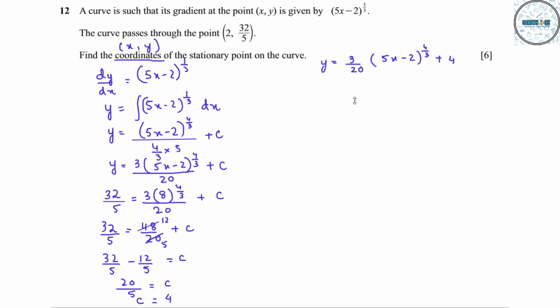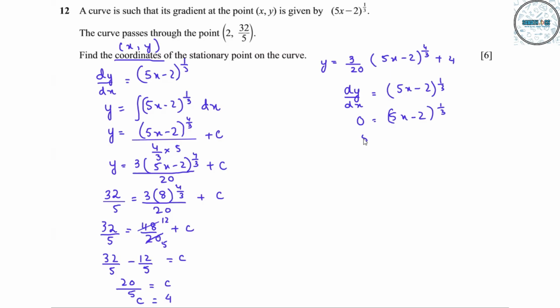Now we will take out the coordinate of x at the stationary point, for which we have to equate dy upon dx to 0. So 0 is equal to 5x minus 2 with power 1 upon 3.